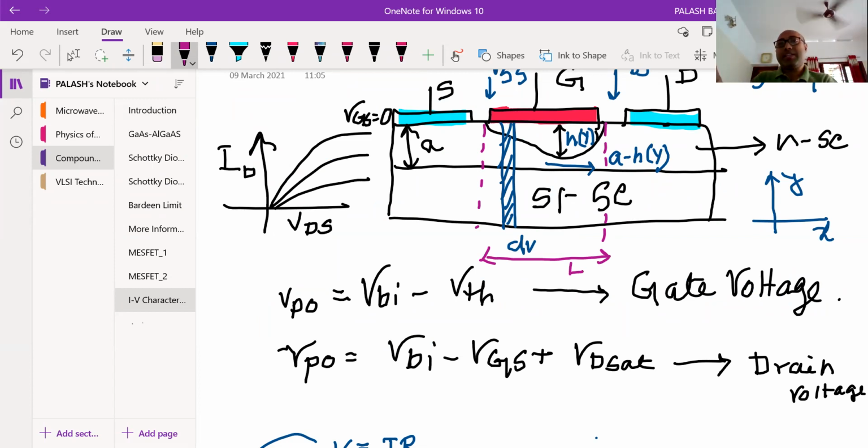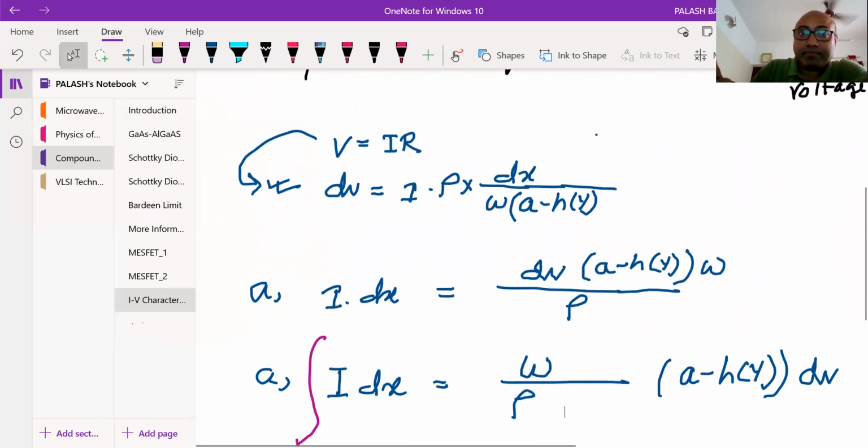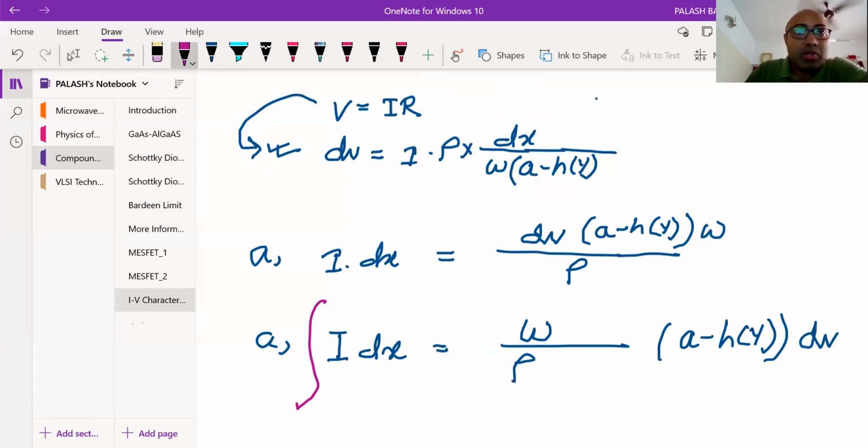We are trying to calculate the current at L. The coordinate is 0 at the source side, so I'm writing source, and L at the drain side.